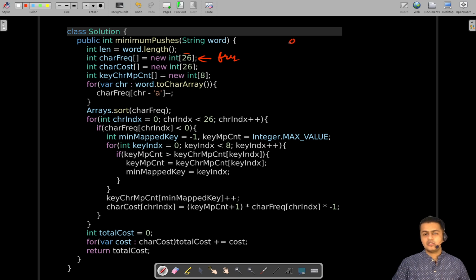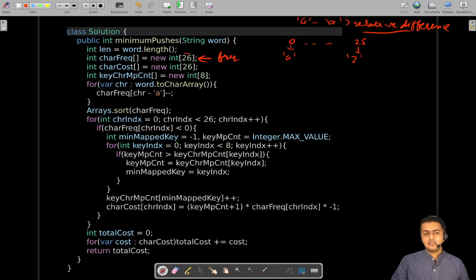So the 0th index is representing A, and the 25th index is representing Z, because we have taken the relative differences. This relative difference concept is applied to all of these structures that we will be using.